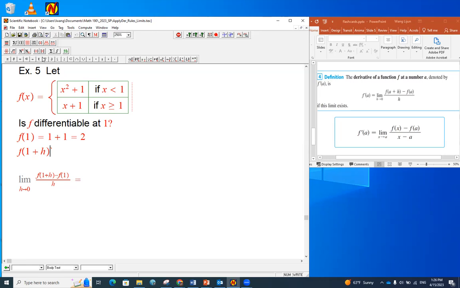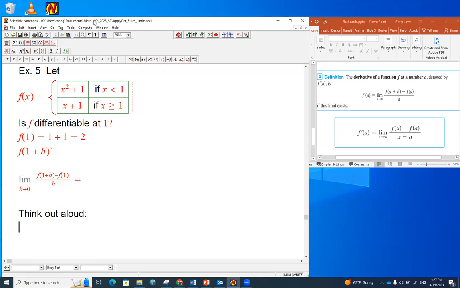It depends on whether h approaches 0 from smaller than 0 or larger than 0. Think out loud.